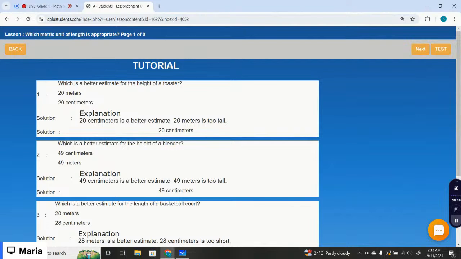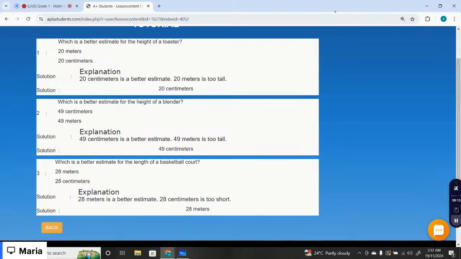Which is the correct option? That is the height of a toaster, right? So that must be 20 centimeters because 20 meters is too tall.